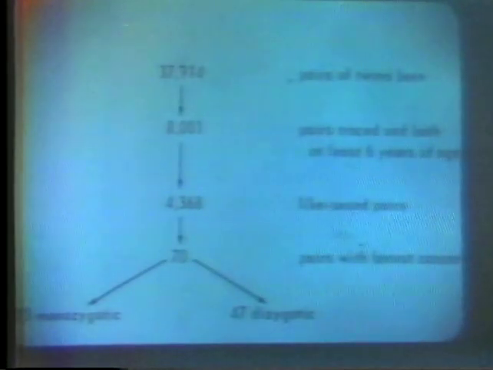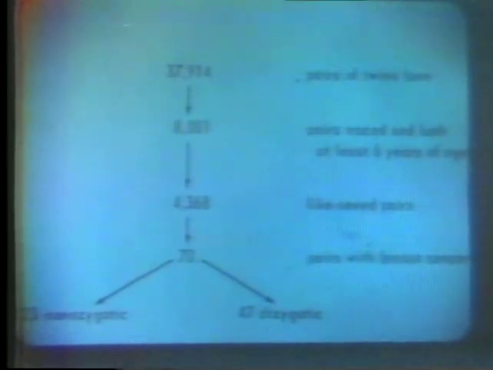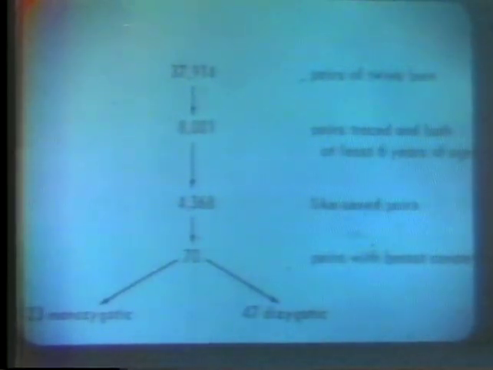If one is undertaking a prospective type of study of twins, when you start out with a tremendous number of twins born, by the time you follow them until you have a number of pairs with breast cancer, you can see that you've really only gotten a very, very small number of patients left.